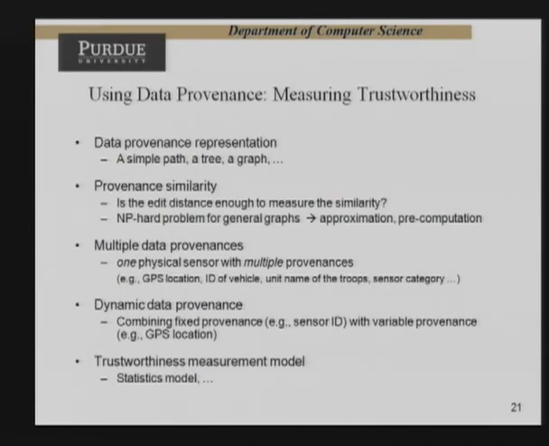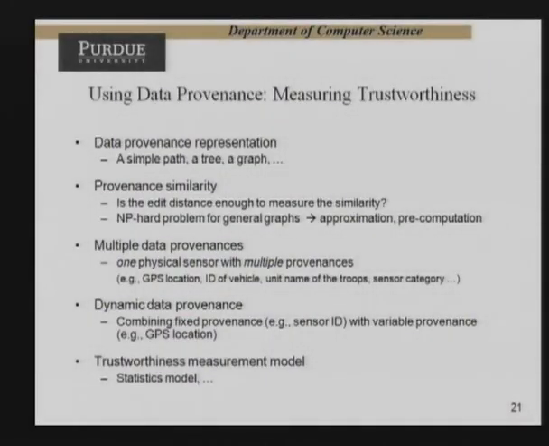It means that one data source can have multiple IDs, and one data item has multiple data provenance. And also, data provenance can change dynamically. For example, if we consider GPS location as a provenance, probably the provenance can change according to the movement of the sensors.